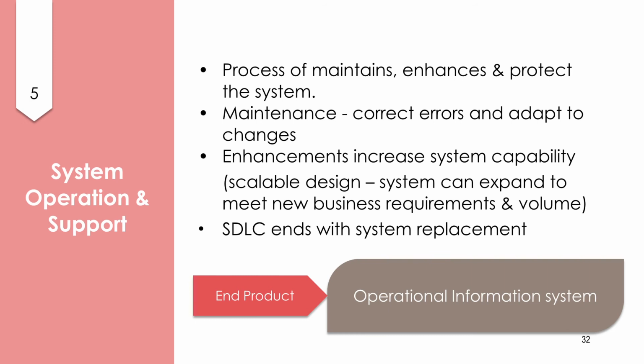Okay, let's say in the testing phase, there are some errors that the system has. So the maintenance team or the development team will have to correct the errors. Okay, and if there is some feedback from the user that needs some changes, it has to be done in this phase.